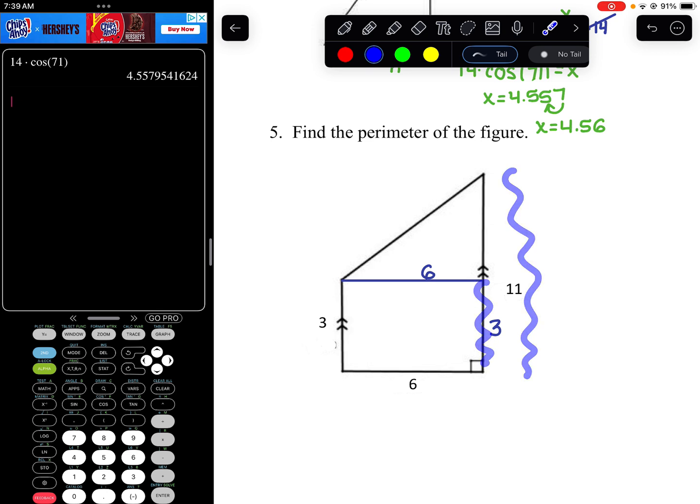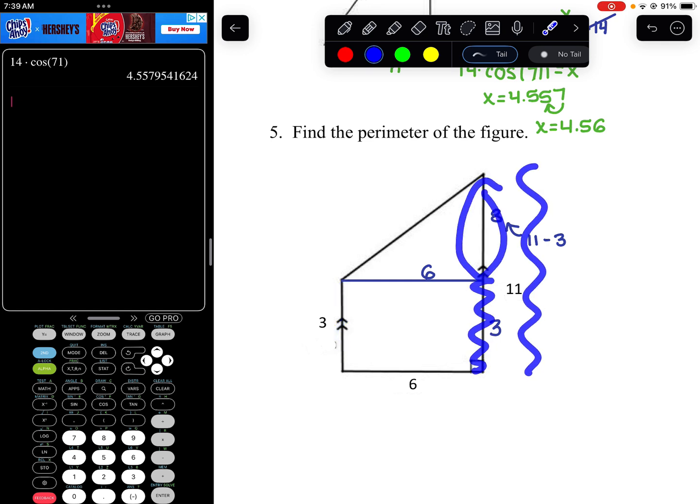Take away this 3, tells us that this side is 8. Again, that came from a total side length of 11 minus that smaller part, which is 3. 3, 3, total of 11, take away the 3, tells you that this is 8.